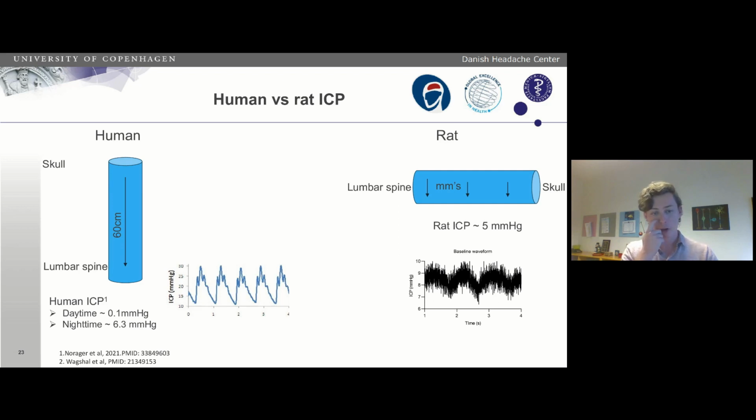In humans, it's quite different. Yes, we have quite a strong respiratory waveform, but also have superimposed upon that the cardiac waveform. So this is just important to consider when comparing humans and rodents in the context of intracranial pressure.